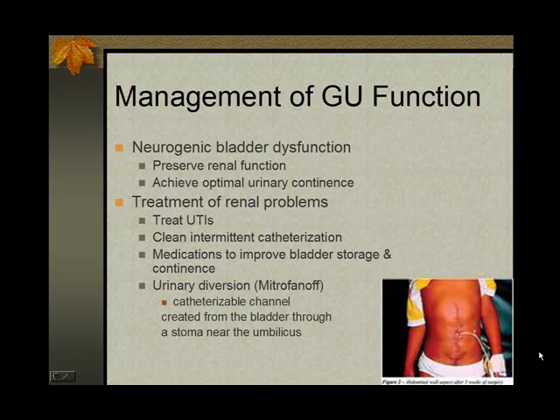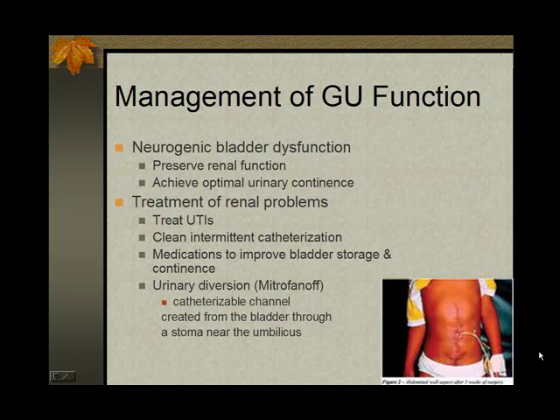So we do want to try and preserve the renal function, and we want to optimize urinary continence. They're typically very normal kids cognitively, so we want them playing with and interacting with other kids, so trying to control that urinary continence.